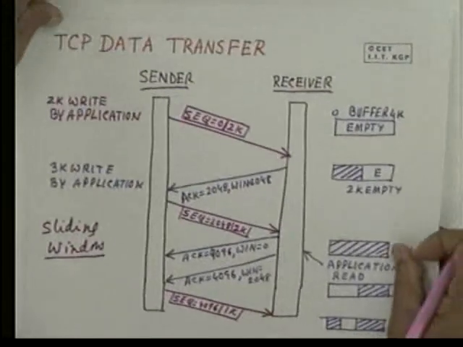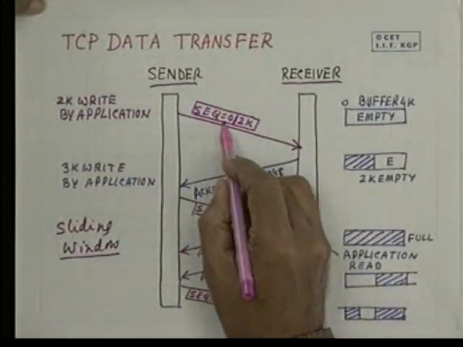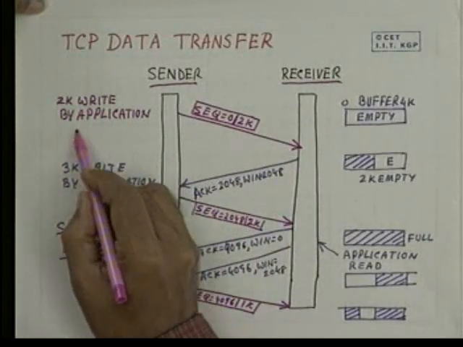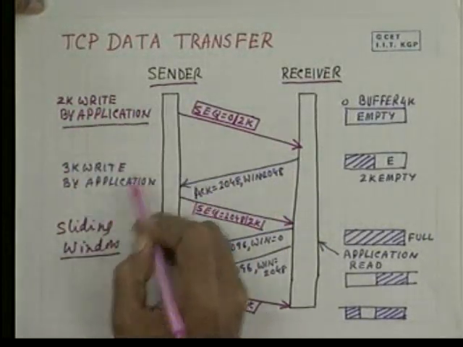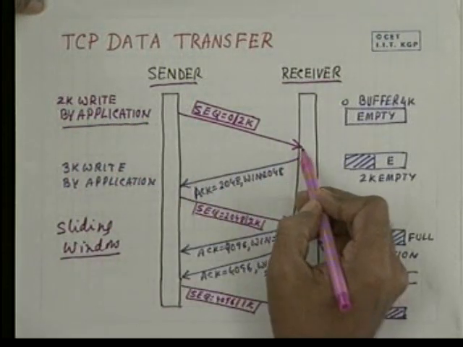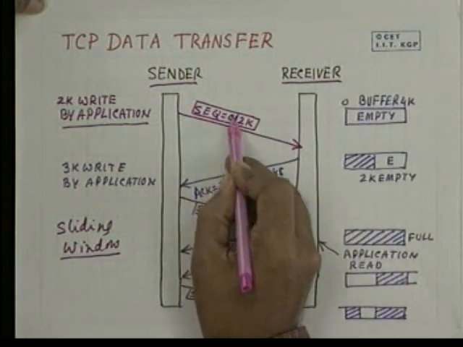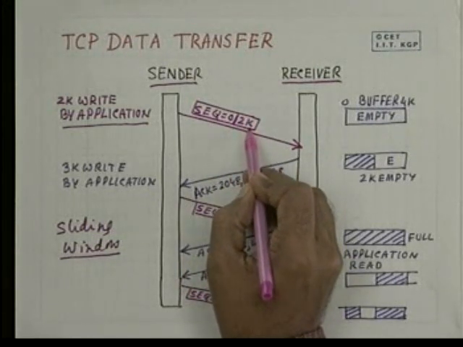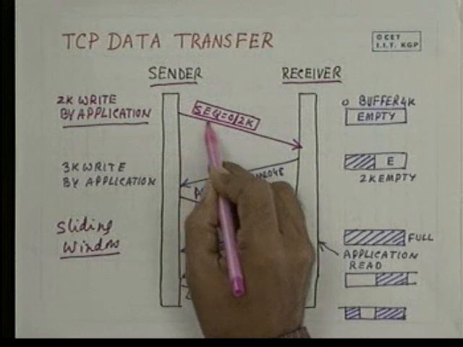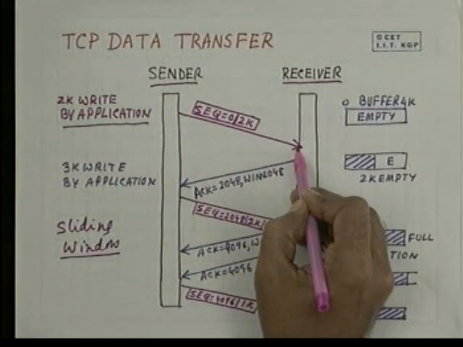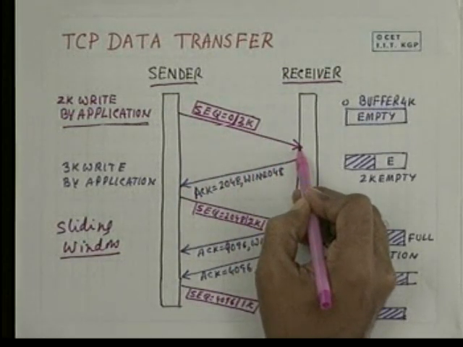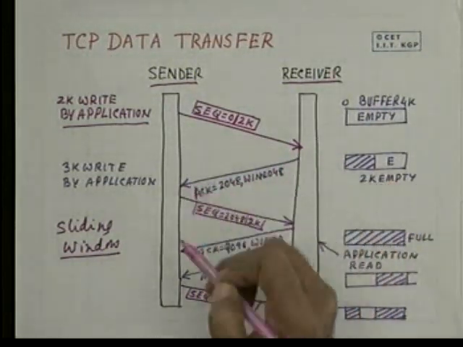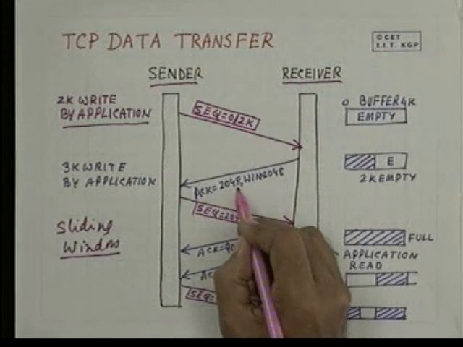Here we see the sequence number is 0, and 2 kilobytes of data has been written by some application program and has to be sent to the receiver. So with sequence number 0 and data size 2K, the data is being sent to the other side. After receiving this, the receiver sends an acknowledgement with ACK equal to 2048.